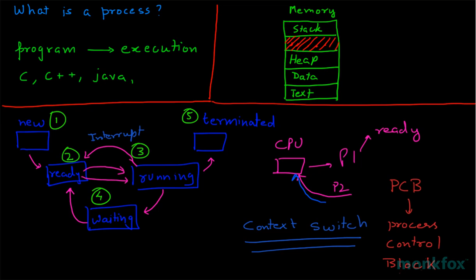Just to give you a scenario, let's say process 1 has 10 instructions. The CPU has finished executing 5 of them, and suddenly there was an interrupt and the CPU had to switch to process 2, and P1 was put back to ready state. When the CPU is done with P2, it will take back P1, and it has to start from instruction number 6 and not from 5, since till 5 it has already executed.